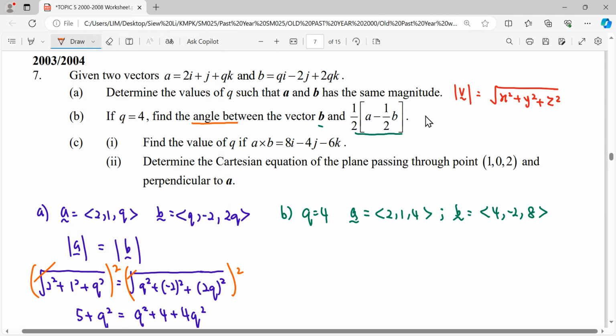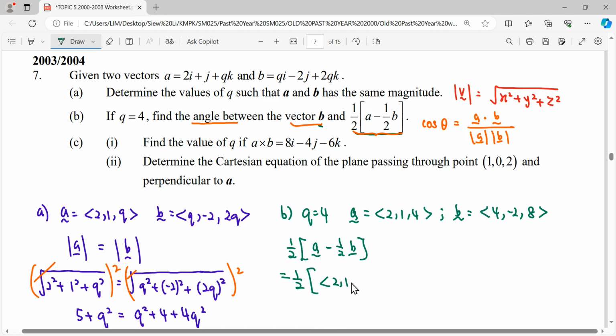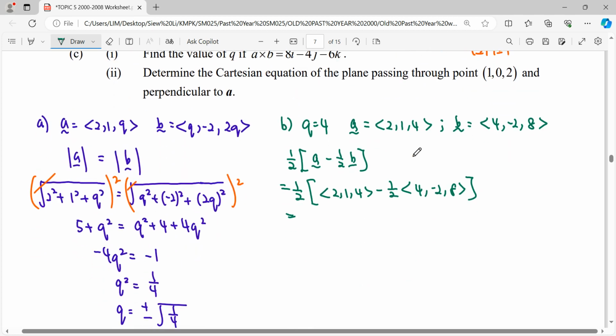To find the angle between two vectors, the formula needed here is cos theta equals A dot B over magnitude A times magnitude B. The vectors needed here are vector B and 1 over 2 A minus 1 over 2 B. So firstly, we find the vector 1 over 2 A minus 1 over 2 B. Vector A, (2, 1, 4), minus 1 over 2 times vector B. Multiply 1 over 2 into the vector B here.